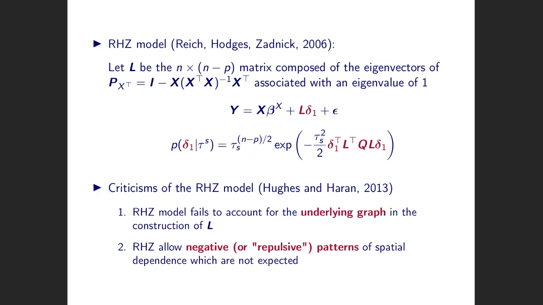Several years later, a paper was published by Hughes and Haran, which embraced this general idea of restricted spatial regression, but made the following two criticisms of the approach.